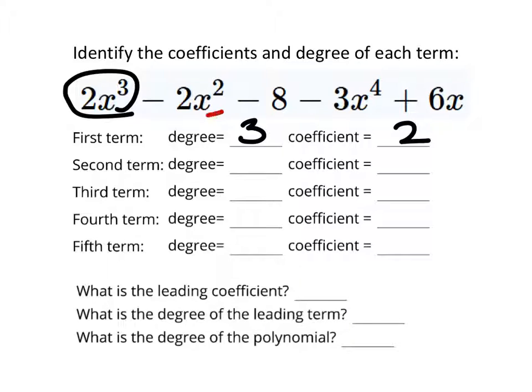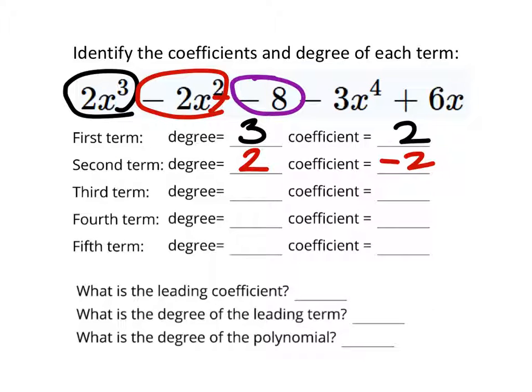The second term, I'm looking at this negative 2x squared, so the degree now is 2 from the exponent, and the coefficient is the negative 2 in front of the x squared. This third term is negative 8. That's going to be your coefficient. It really would be kind of like negative 8 times x to the power of 0. So since it doesn't have an x, we say it has a degree of 0.